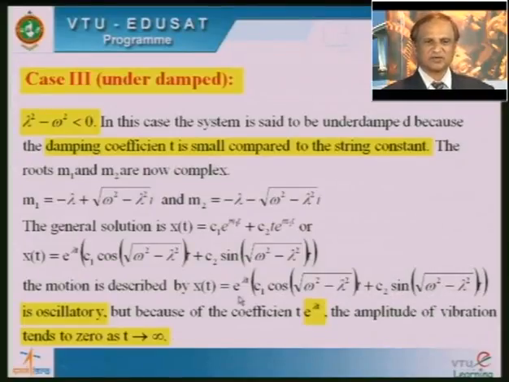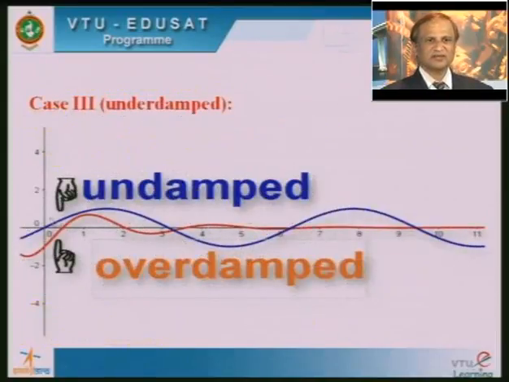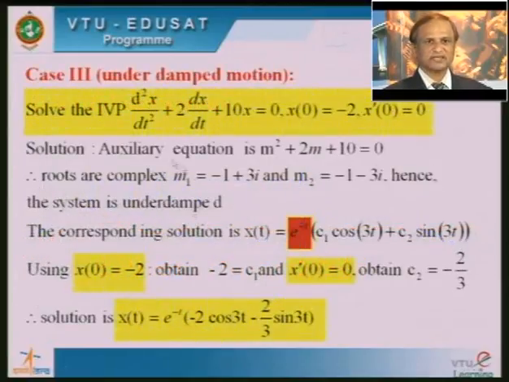That is why the curve tends to an equilibrium position as time increases. That is the meaning. You can observe it may look like this, finally tending to 0. That is why it is called underdamped, or sometimes we call this curve overdamped.